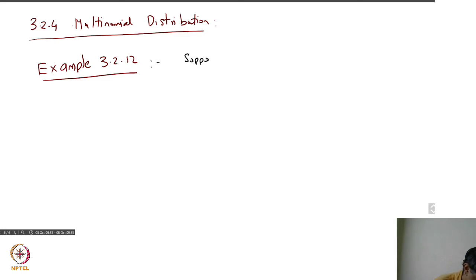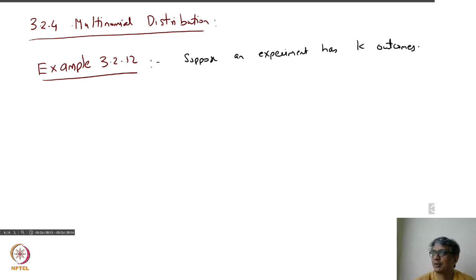Suppose an experiment has k outcomes. So each time you do an experiment, there are k possible outcomes. Instead of just success and failure, you have many outcomes.